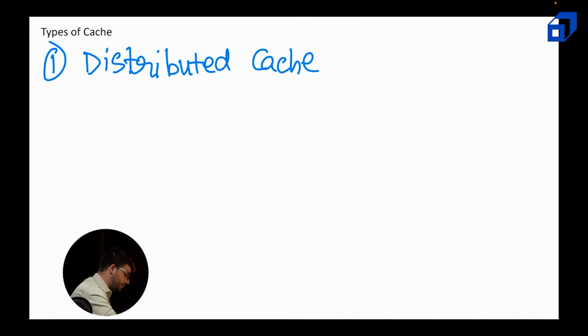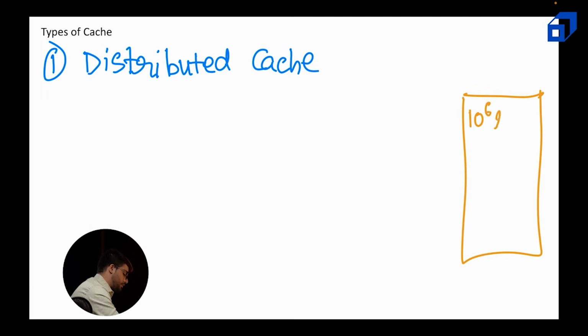Okay, so let me just create a larger cache. Let's say there are 1 million rows in it, and now it's not possible to add more information to the cache, but our user base is still growing. We still want more capacity for our cache.